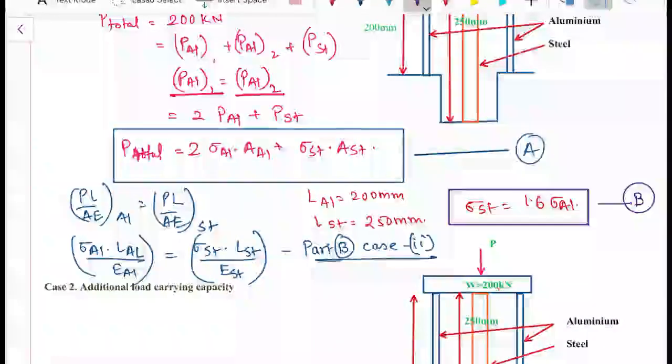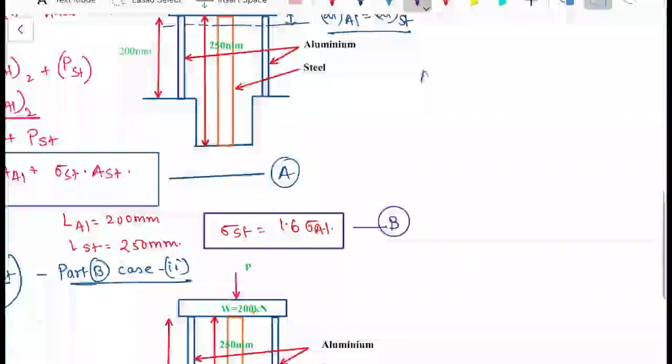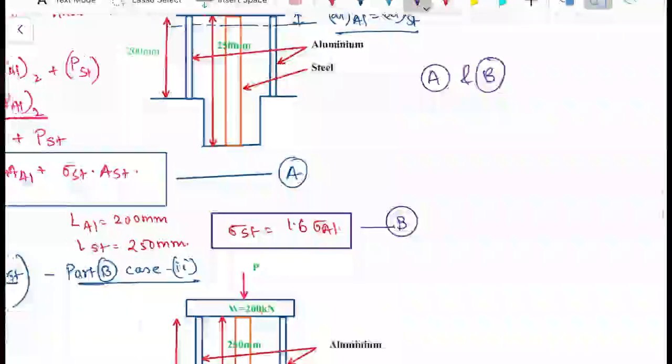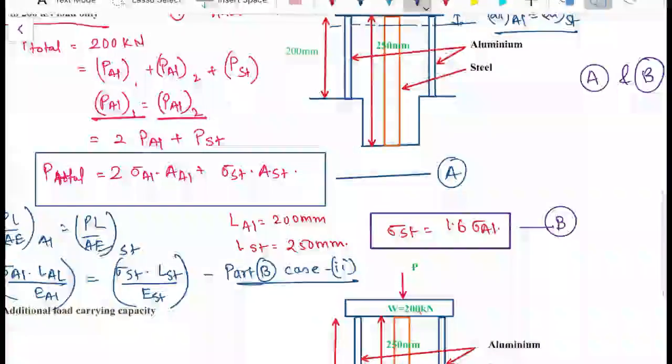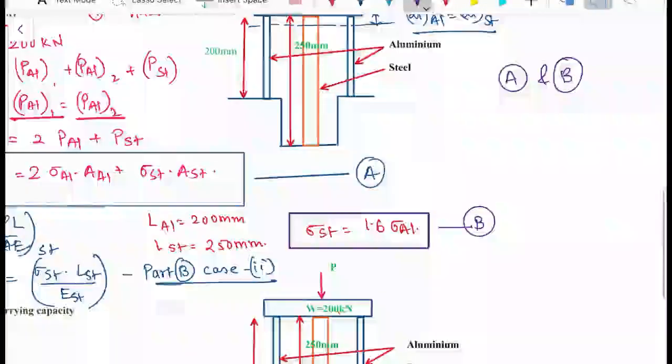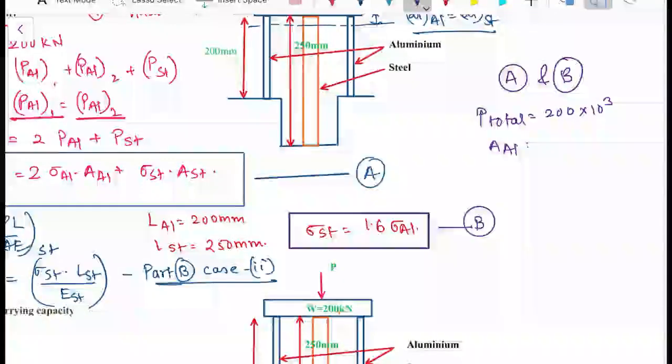Now by solving A and B, we will substitute sigma steel equal to 1.6 sigma aluminum into equation A, and substitute the total load of 200 kilonewton, 200 into 10 to the power 3. Another thing we will substitute is the cross section area of aluminum, which is 1000 mm square, and the cross section area of steel, which is 800 mm square.